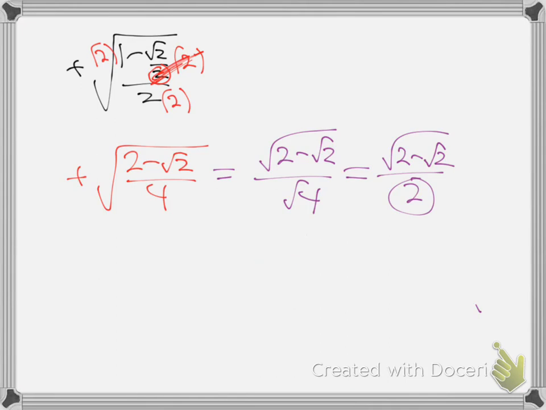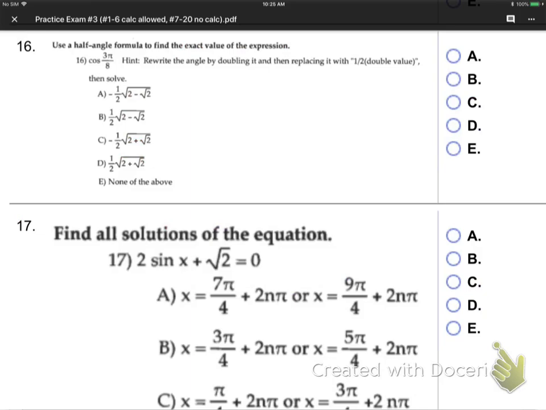It's the same as a half times the root of 2 minus root 2, isn't it? That's the same answer. Dividing by 2 or multiplying by half, same thing. So isn't that B? There it is. A lot of algebra lessons, huh? Valuable algebra lessons if you're wanting to go to higher math.